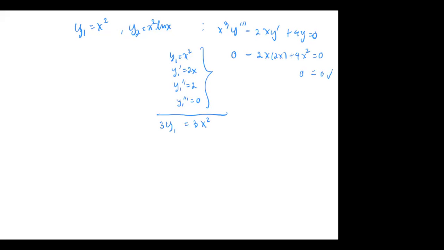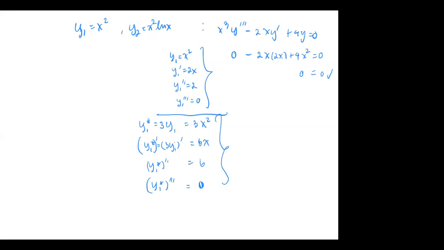When I find the derivatives, I will call this y1 star. So y1 star prime is 6x, y1 star double prime is 6, and y1 star triple prime is 0.